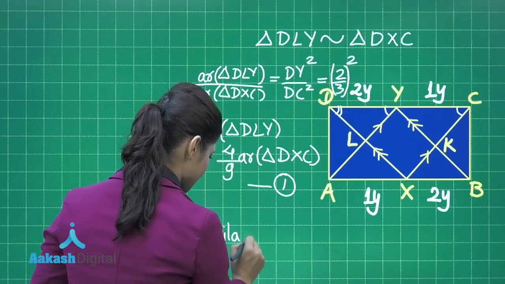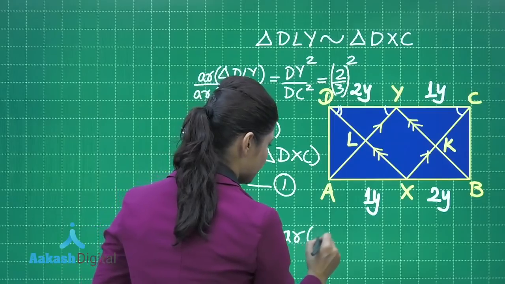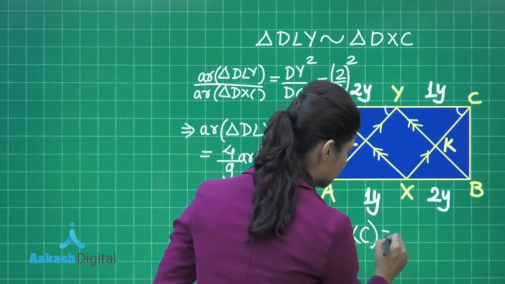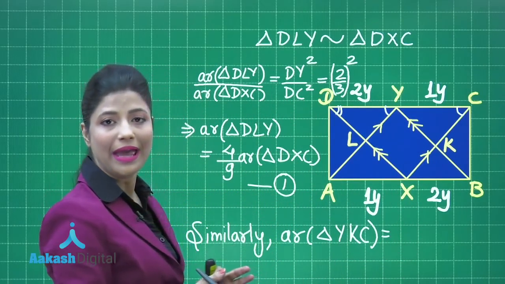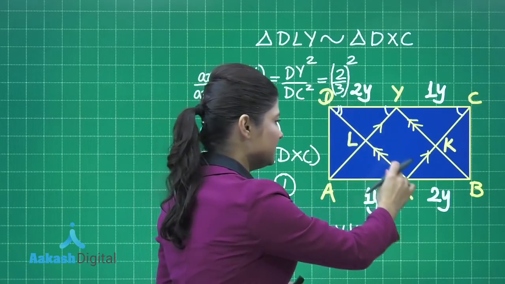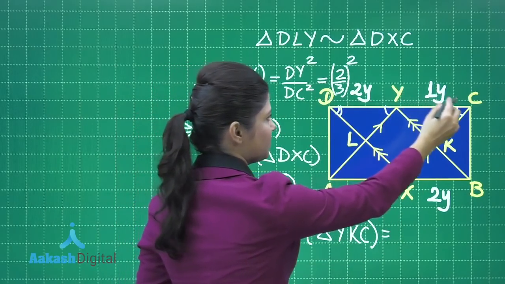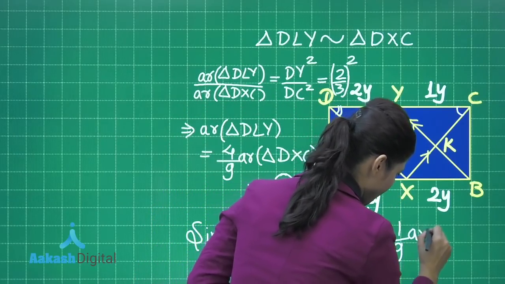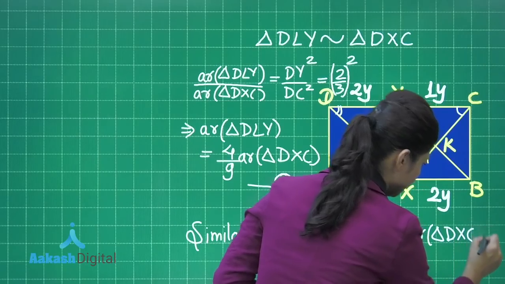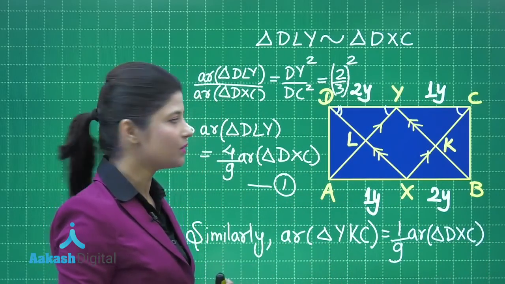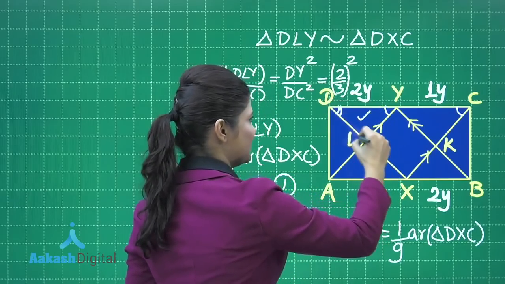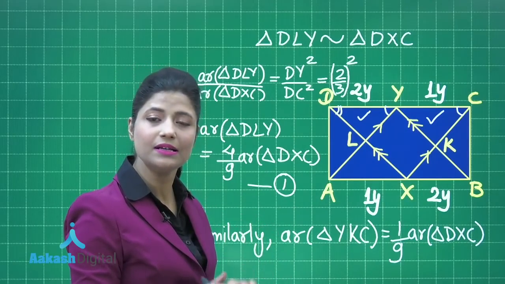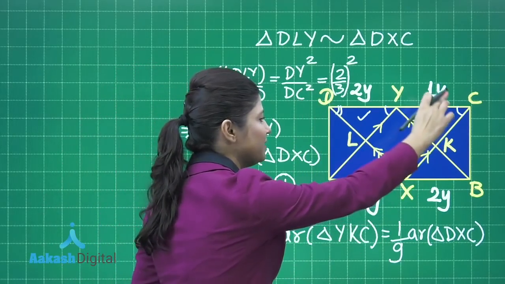Similarly, I have area of triangle YKC is equal to the ratio of the square of the corresponding sides of the triangle DXC, where the sides are in the ratio 1:3. So this is 1 upon 9 times area of triangle DXC. Now this is obtained. Taking this into consideration, I know the area of this portion, which is DLY. I know the area of this portion, that is YKC, and these both areas are known in terms of the area of the whole triangle DXC.